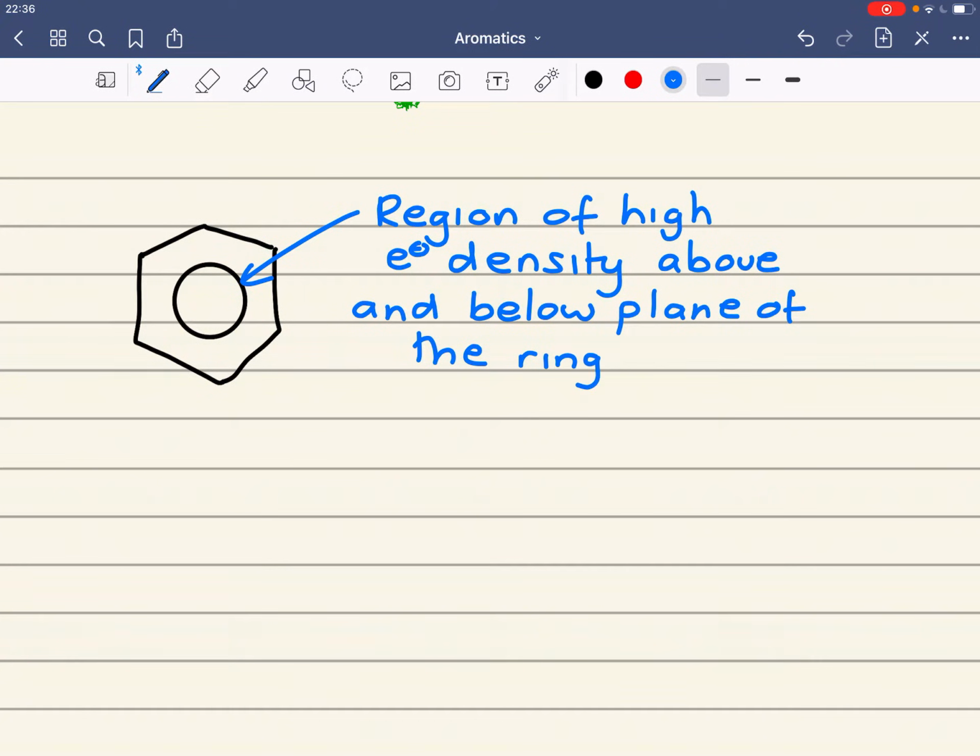Remember, there are 6 electrons in this extended pi network.